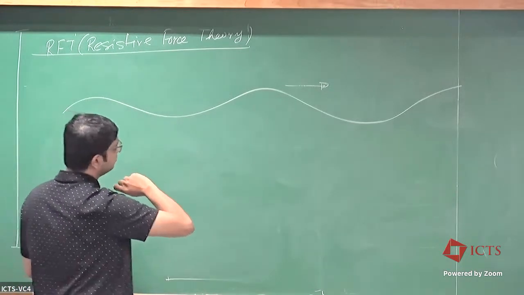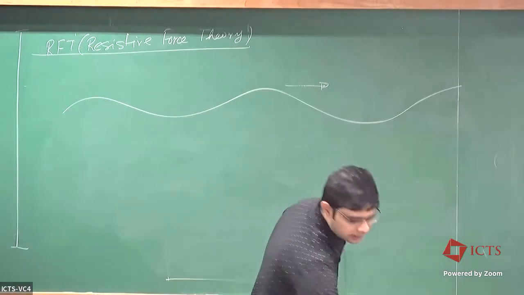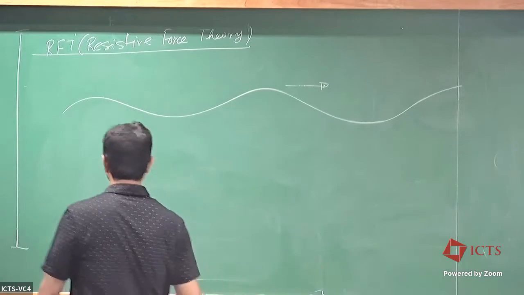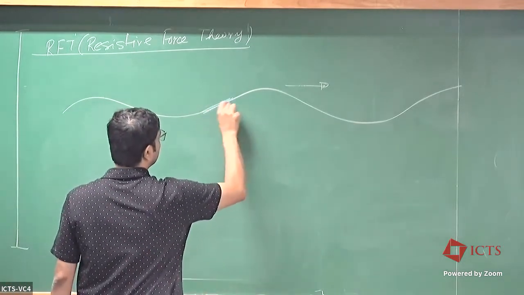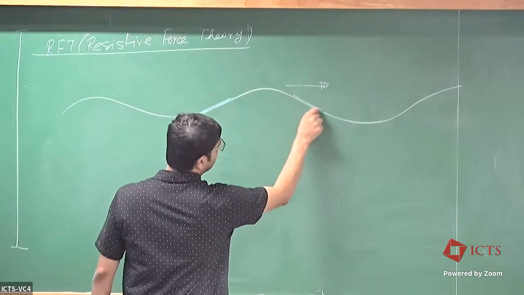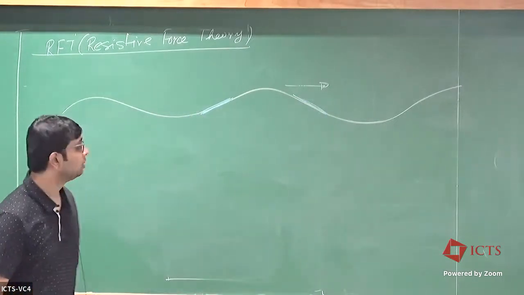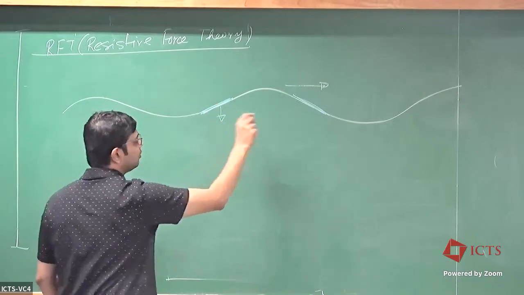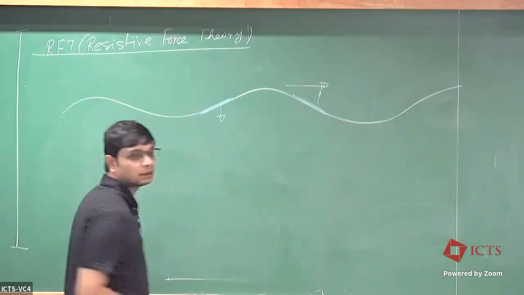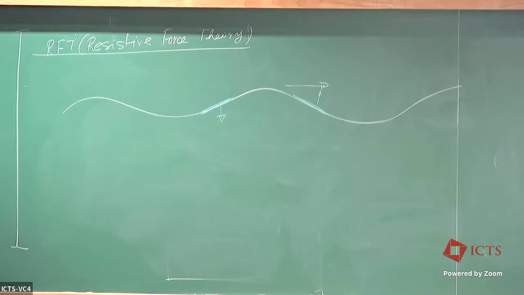You can do it a couple of ways, but let's do it this way. You can think of this segment as a rod. As the wave propagates, this one is coming down, this one is going up, roughly. Is this okay?